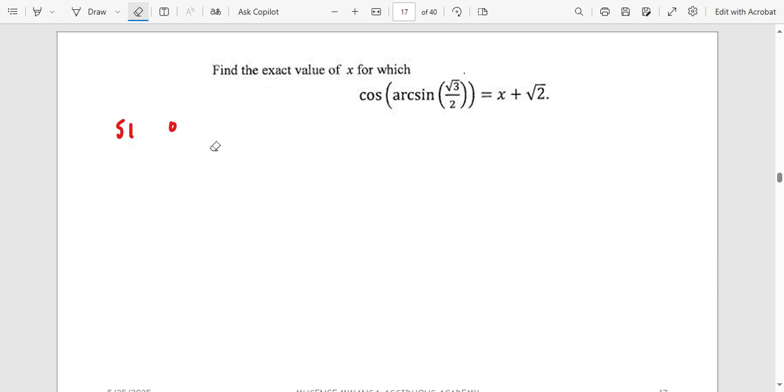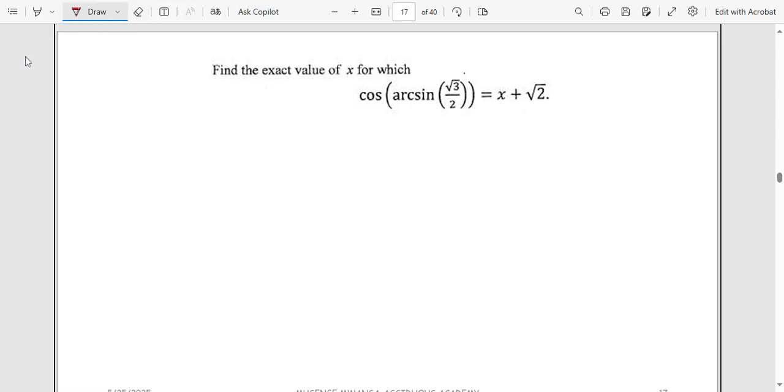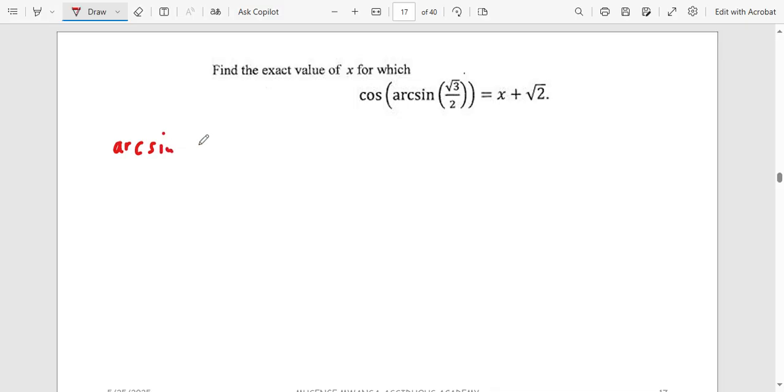So we'll go about with this guy here. So we have got cos arc sine. Okay, remember arc sine of root of 3 over 2 is the same as sine inverse of root of 3 over 2.